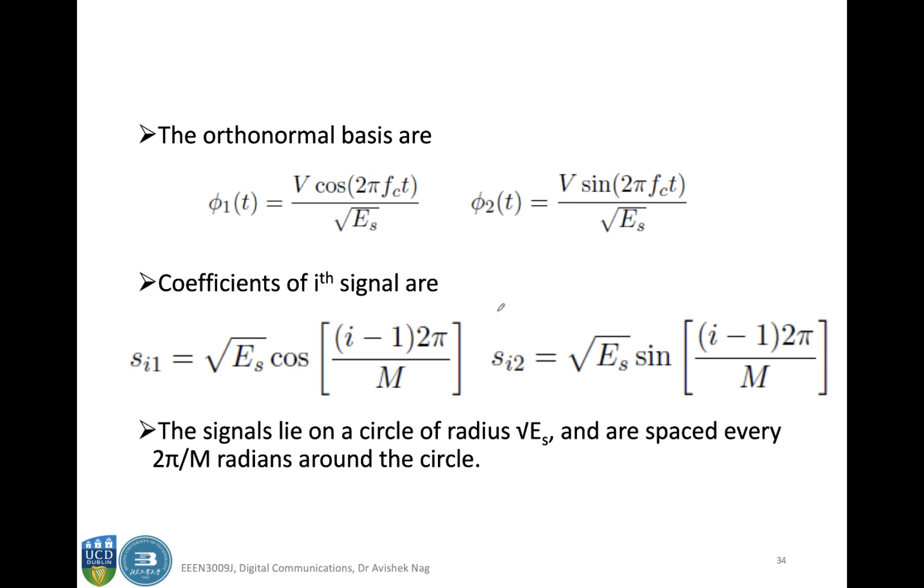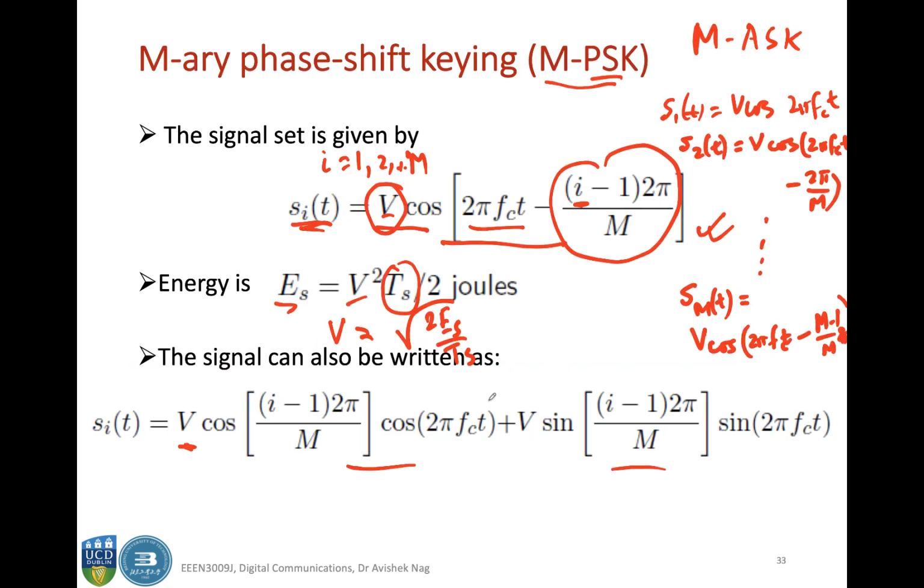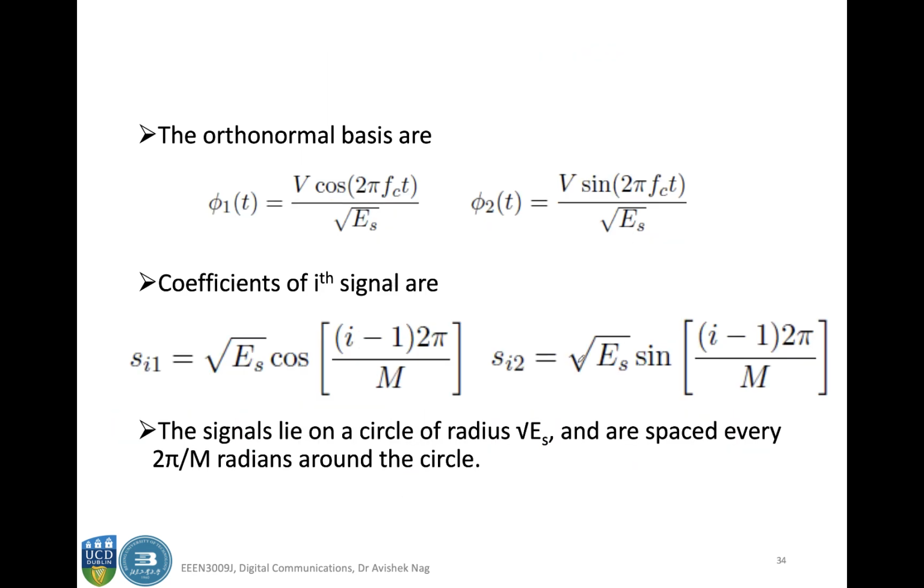If you write V in this way in terms of Es, then you can use the cosine and the sinusoidal carriers as the basis functions, the orthonormal basis functions, and you can write the ith signal in terms of these basis functions.